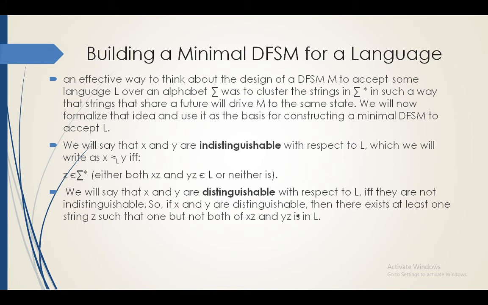Now, the construction of a minimal DFSM for a language. An effective way to think about the design of a DFSM to accept some language L over an alphabet Sigma was to cluster the strings in Sigma star in such a way that strings that share a feature will drive M to the same state.